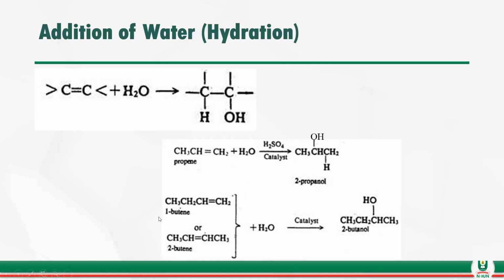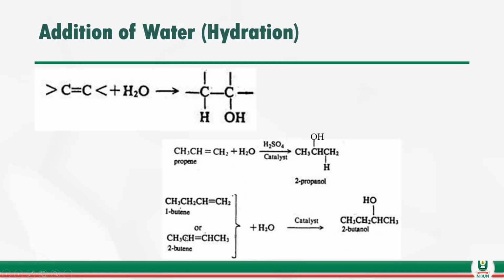And then let us look at this one. 1-butene, you can see hydration. The hydrogen comes to this position, while the OH comes to this position. Now, that is the product.